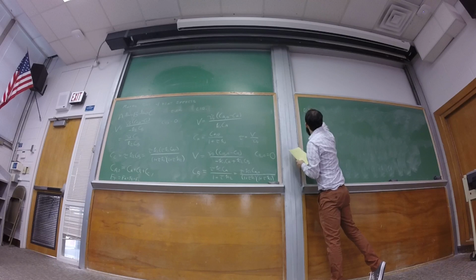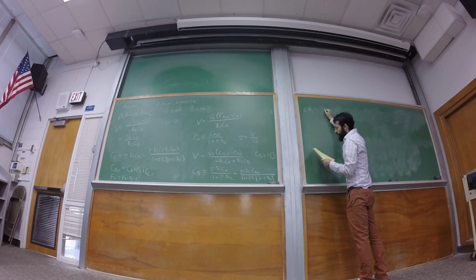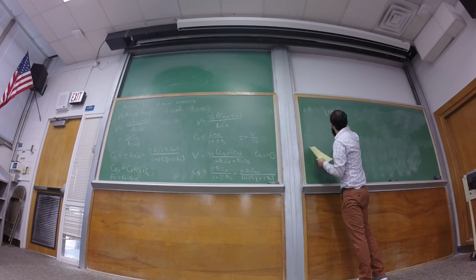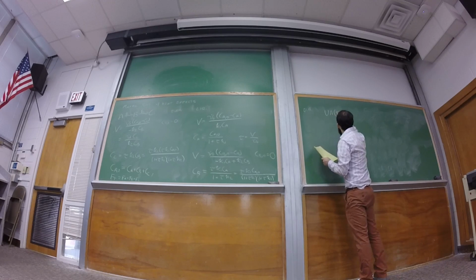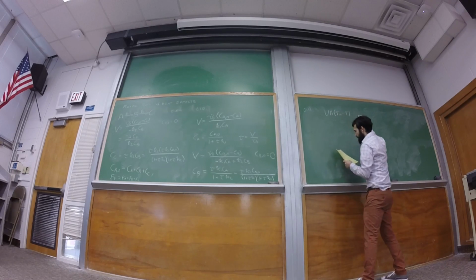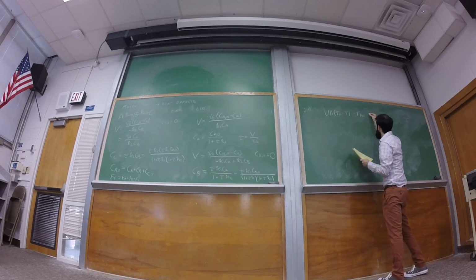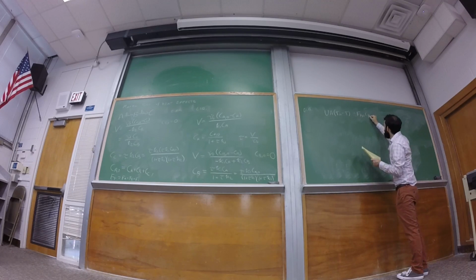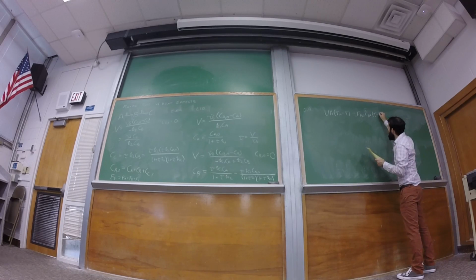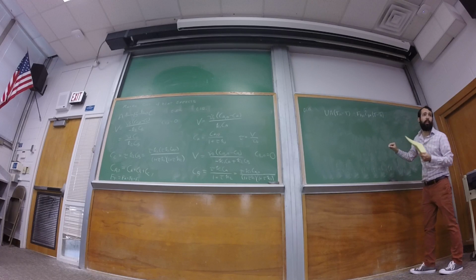So the energy balance: UA times TA minus T, minus, now just FA naught, because that's all that's in our feed, times the heat capacity of A times the difference in temperature between the CSTR and the feed.